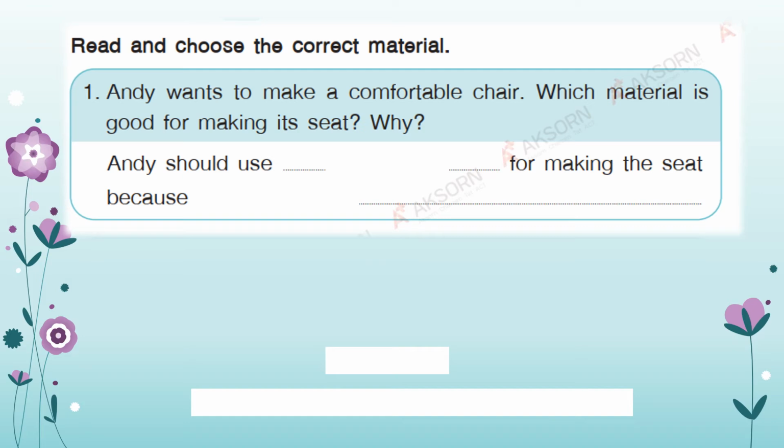Andy should use sponge or cloth for making the seat because sponge or cloth is soft. So Andy uses sponge or cloth to make a comfortable chair.